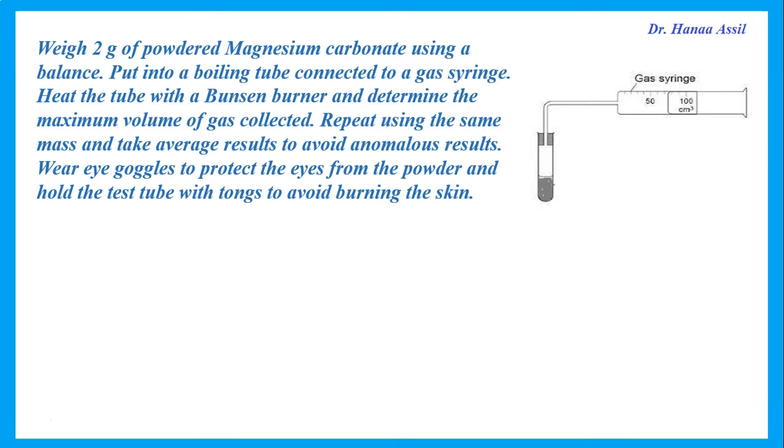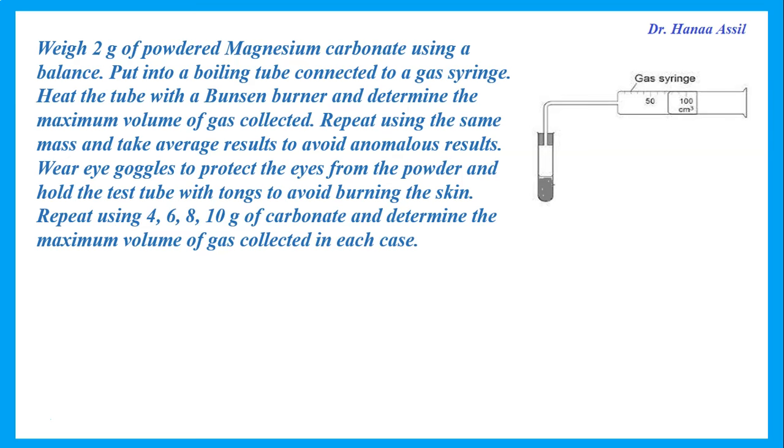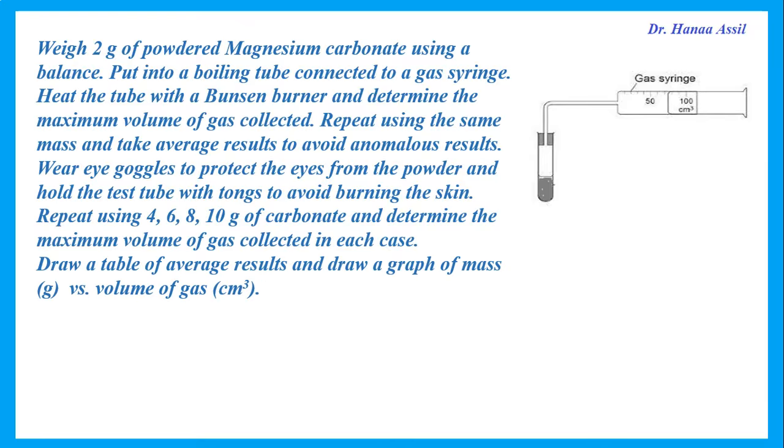Safety precautions: wear eye goggles to protect the eyes from the powder. Hold the test tube with tongs to avoid burning the skin. Then we're going to say repeat using what? We're going to repeat using different masses of the carbonate and determine the maximum volume of gas collected in each case. Draw a table of what?